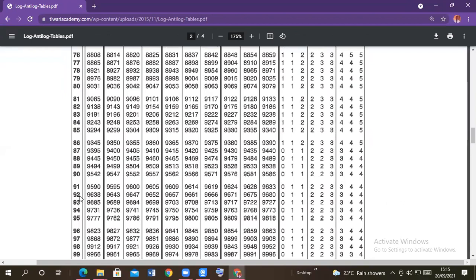There. So this is where we have 92. Now we have to look for the column of 8. So starting from 92, we go and look for the column of 8. Like there.